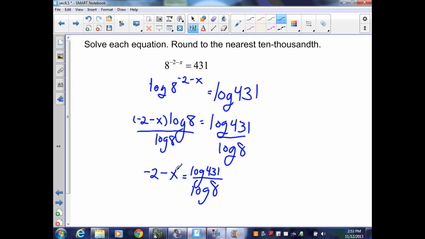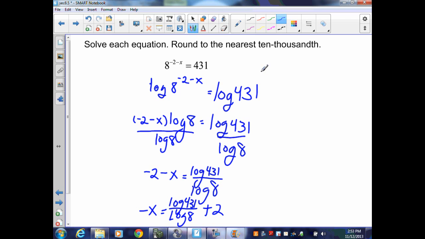Now I'm going to add 2 to both sides, which gives me a negative x equal the log of 431 over the log of 8 plus 2. Now I'm going to multiply both sides by a negative 1.